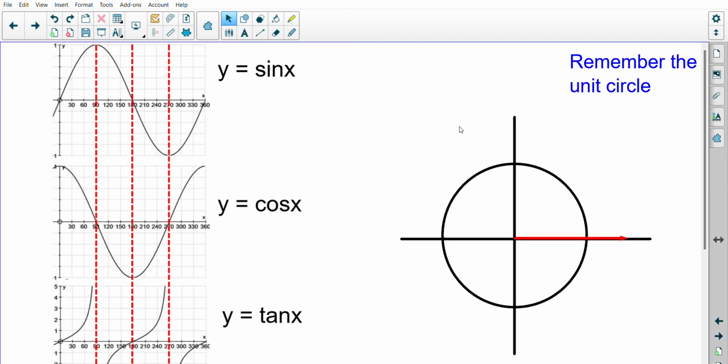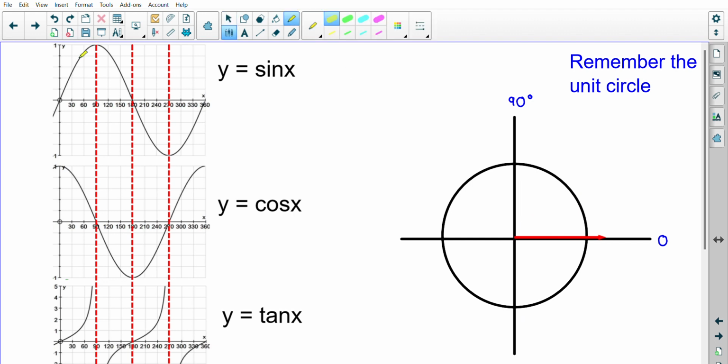So going back to the graph, remembering the unit circle, we would start and drag this around, and you would see how the graphs are formed from dragging the point around the unit circle. Now, if we look between 0 degrees, so when there's no angle, to 90 degrees, let's see what's happening with the graphs.